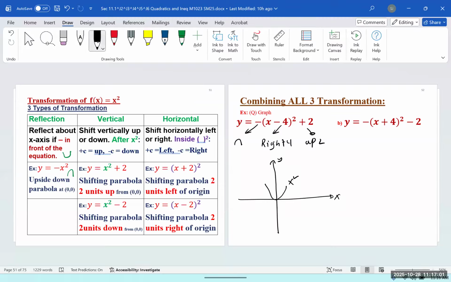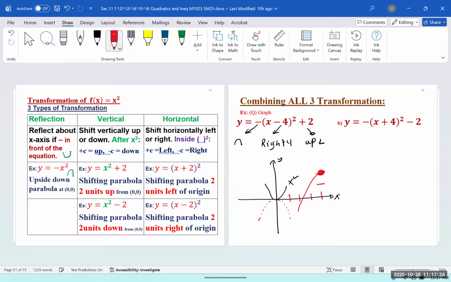In the exam, there is 1 point for the original graph. That original graph, you are making it upside down and then going 1, 2, 3, 4 right, and then 1, 2 up. Where you land, that's your new vertex.